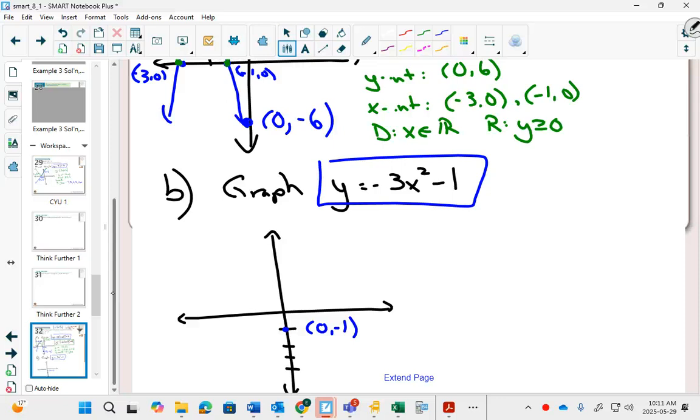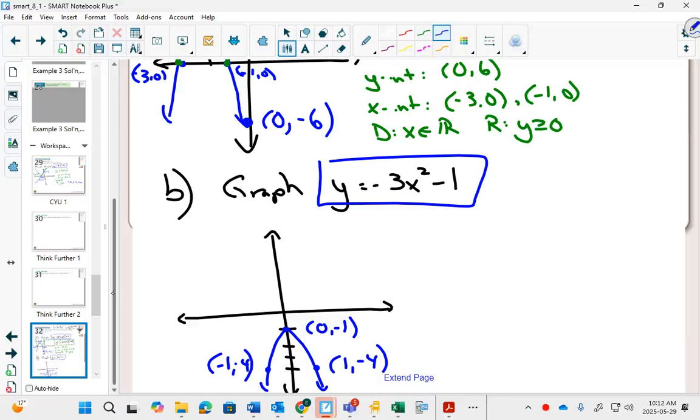It would go over 1, down 3. Over 1, down 3. So I'd have the points 1, negative 4 and negative 1, negative 4. And our parabola is all negative.